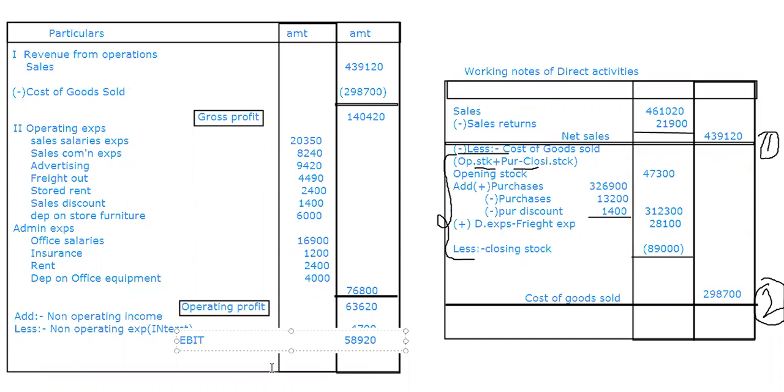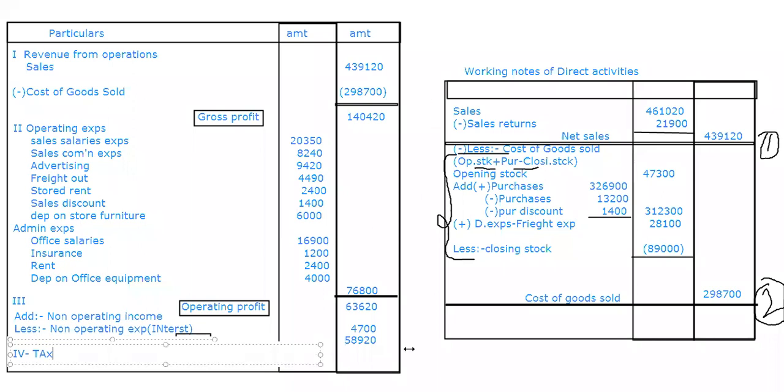Yes, ma'am. So when tax is given, last we are going to go for this one. So this one we can call the third heading, and here we call this one the fourth heading, which is tax. So how much tax did he give? 26,000.